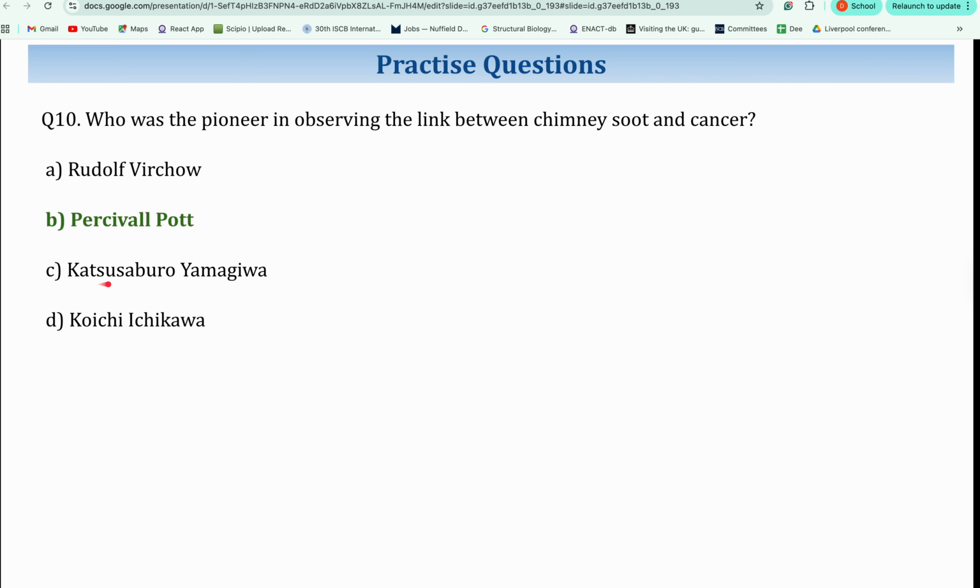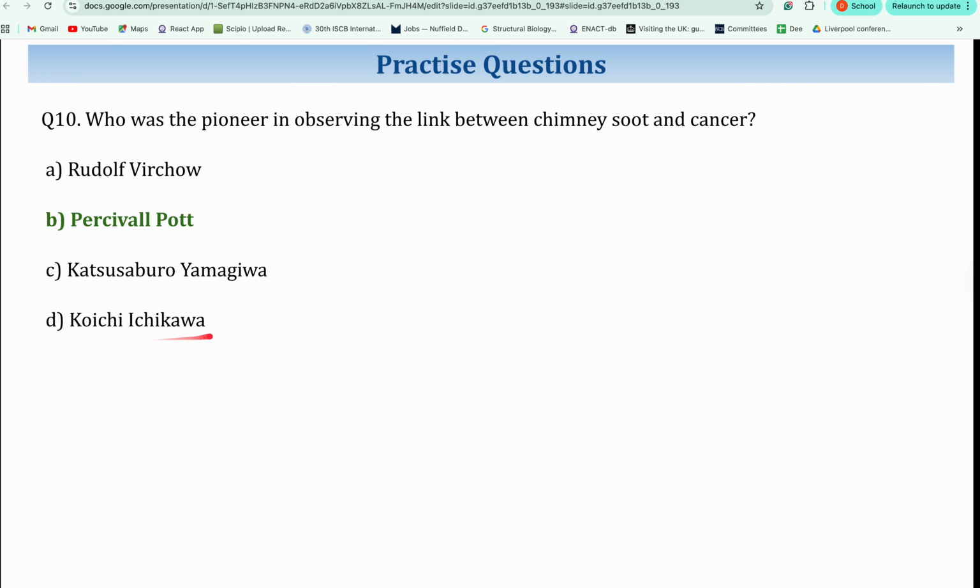If we talk about Katsusaburo Yamagiwa, he was the Japanese pathologist who in 1915 produced the first experimental cancer by applying coal tar to rabbit ears. So after Percival Pott, he was the one who used coal tar and experimentally brought about cancer in the rabbit by exposing its ear to the coal tar.